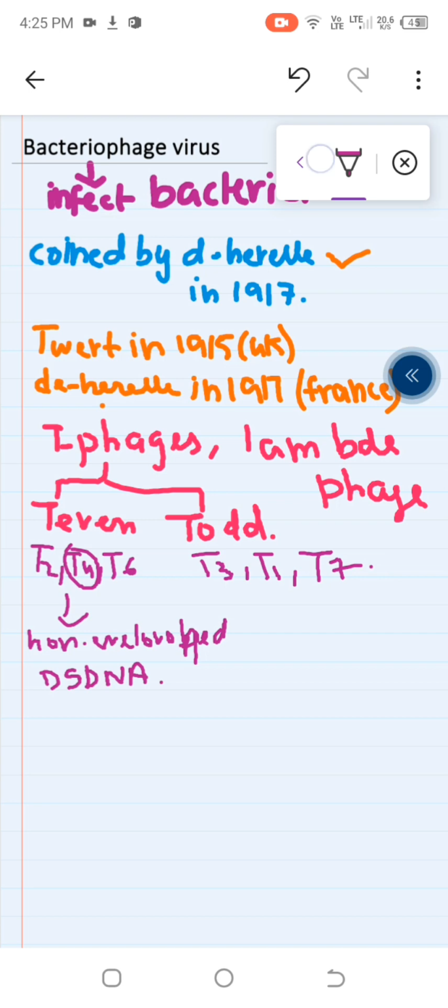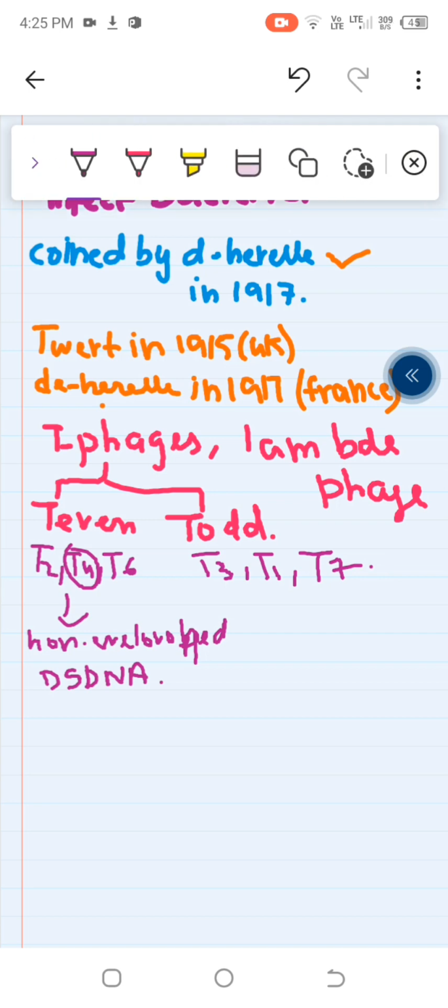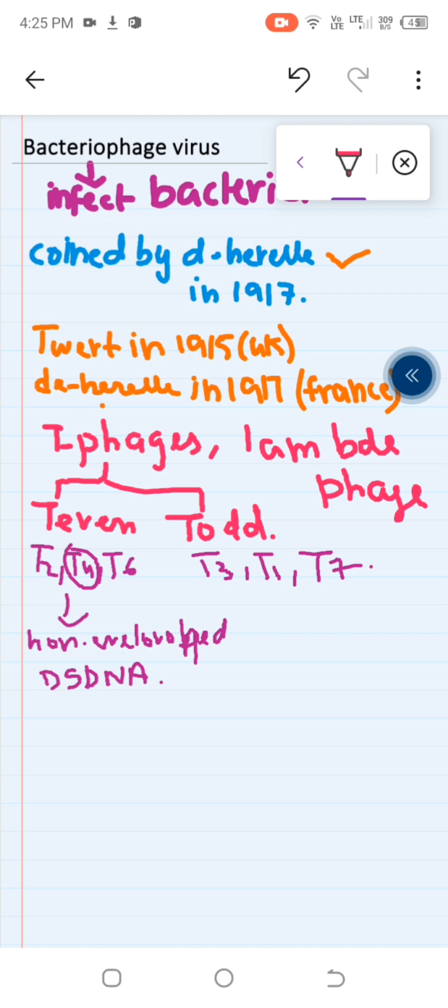Now let me tell you the difference between T phage and lambda phage. T phages are viruses which have tail fibers.